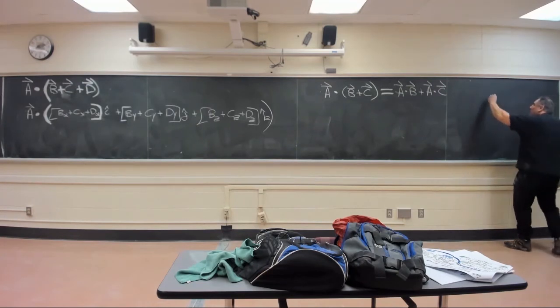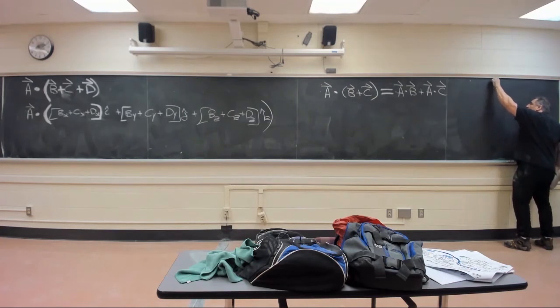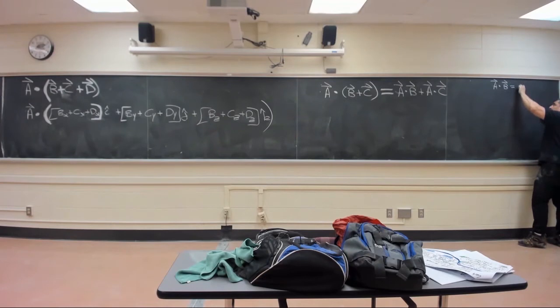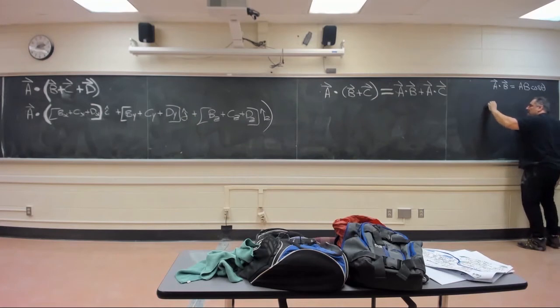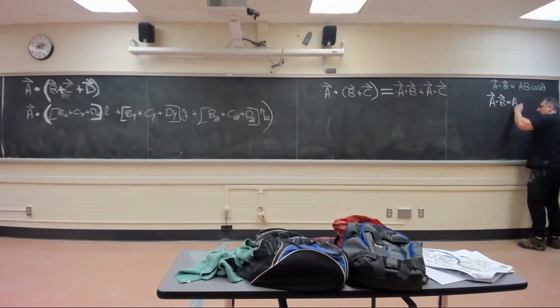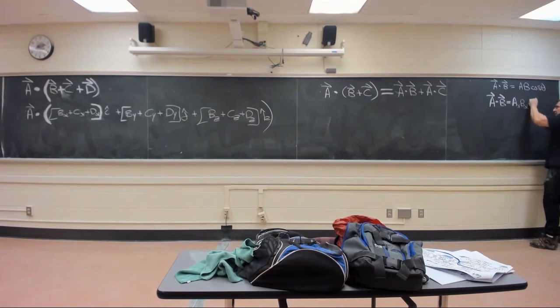So, again, we said A vector dot B vector is AB cosine theta, and A vector dot B vector is AX BX plus AY BY plus AZ BZ.